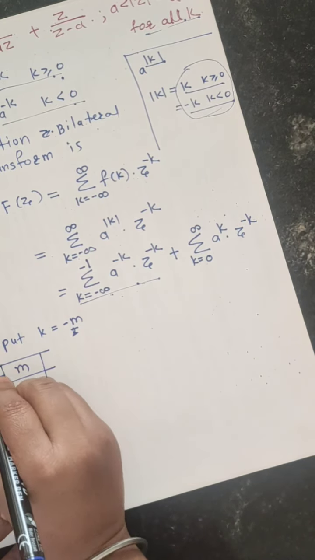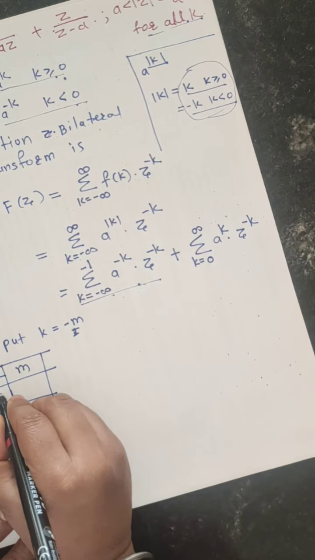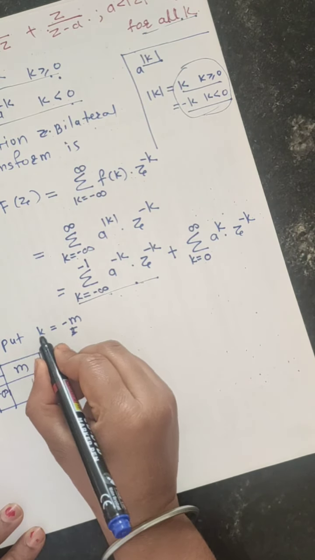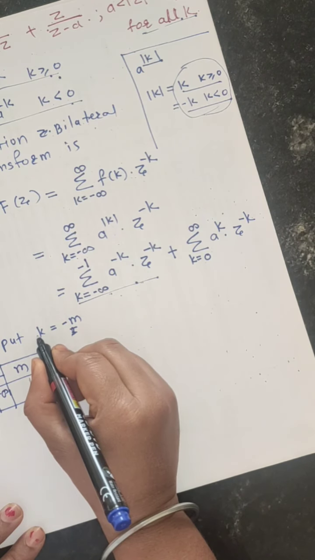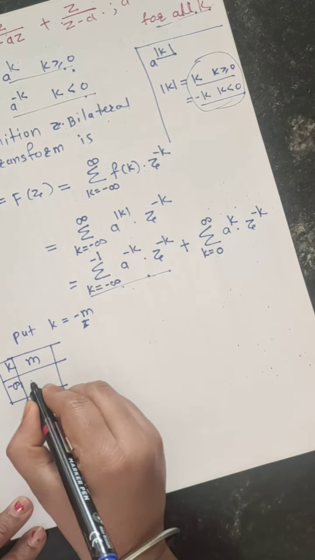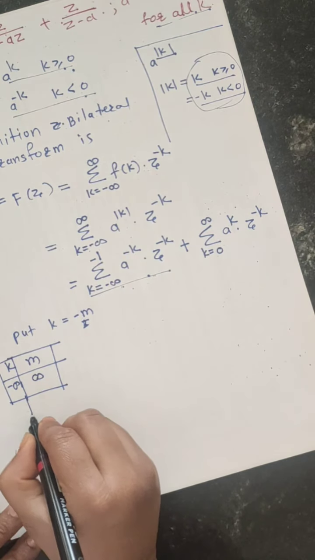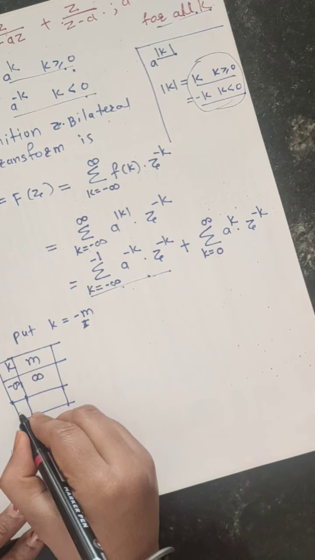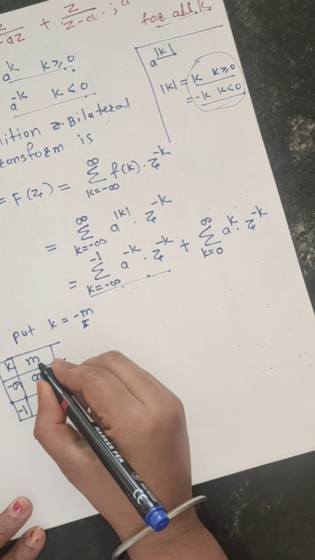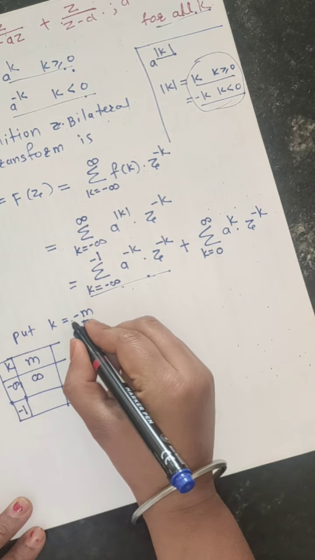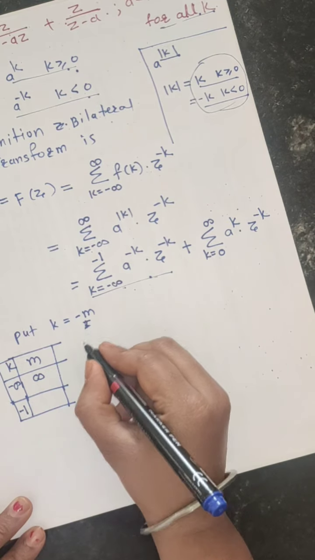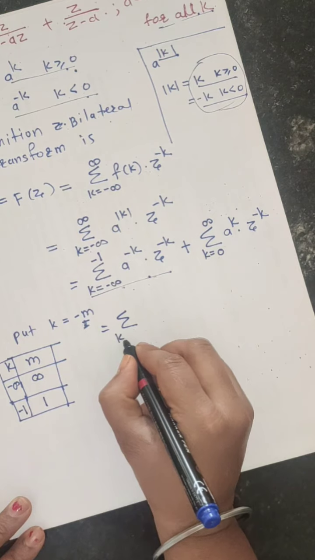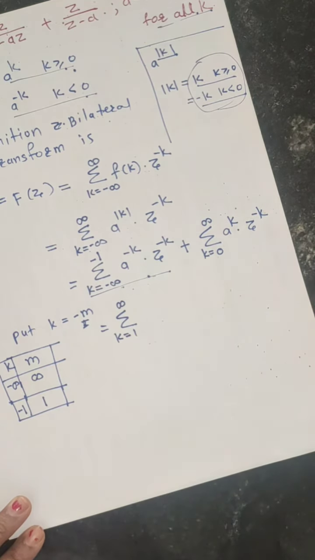For k equal to minus infinity, minus m is equal to minus infinity, meaning the value of m is infinity. And for k equal to minus 1, we get minus 1 equal to minus m, that means m is equal to 1. So we get m starting from 1 to infinity.